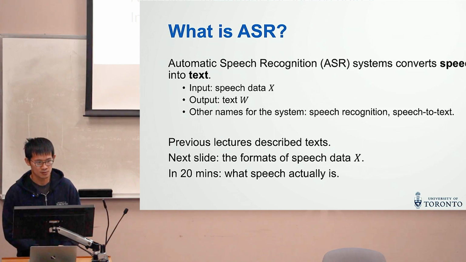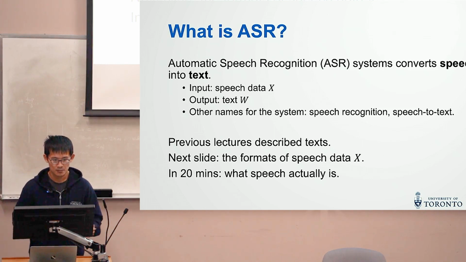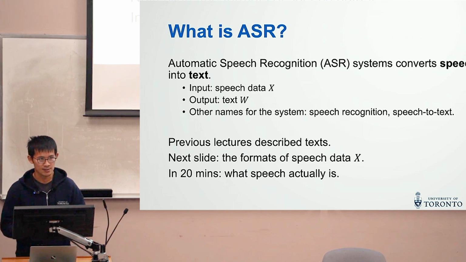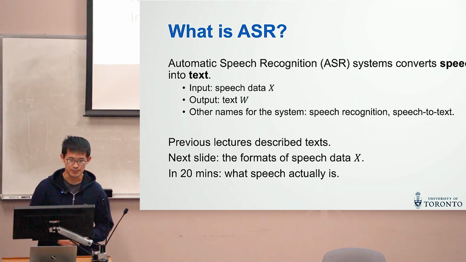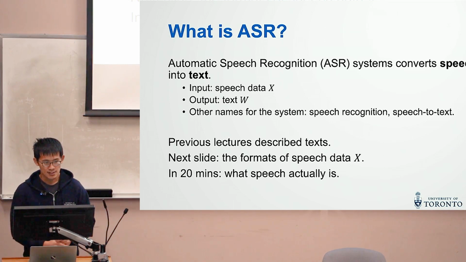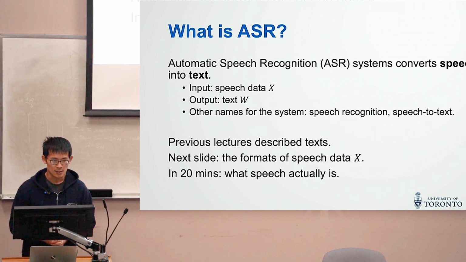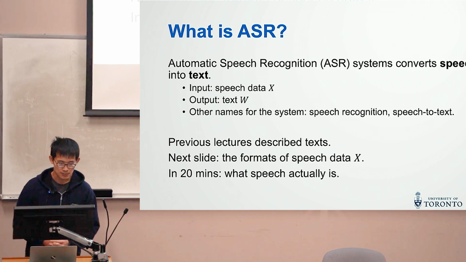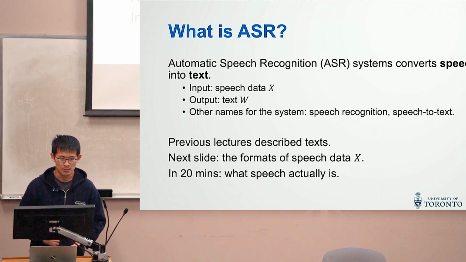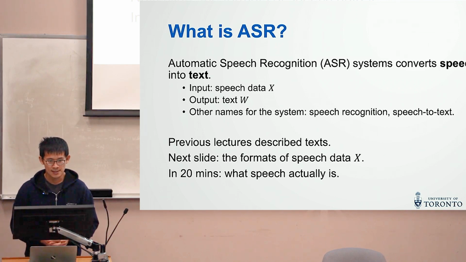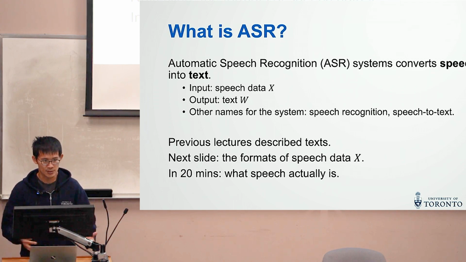We even had 2 lectures that describe the properties of information, how to quantify the information, and how to make decisions based on the information. So in this lecture and the next lecture, we are going to describe speech recognition. Speech is essentially a modality of language. So it extends the text modality into the speech modality.